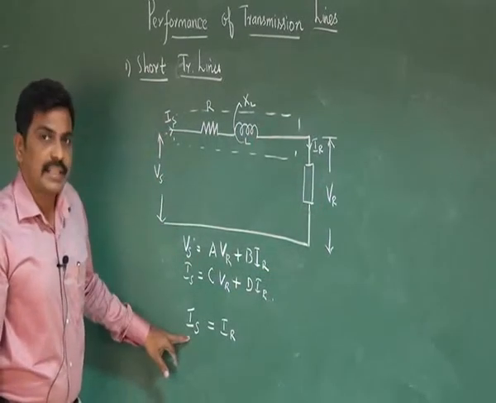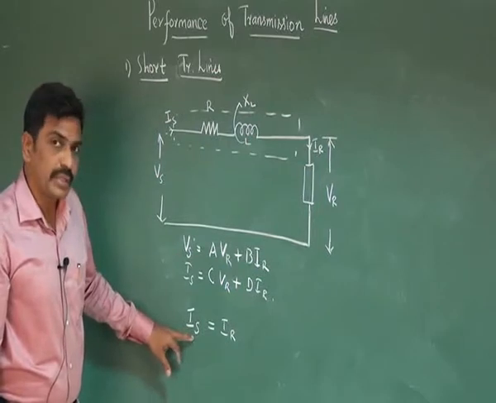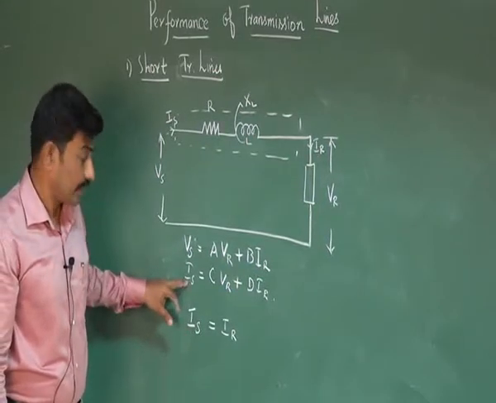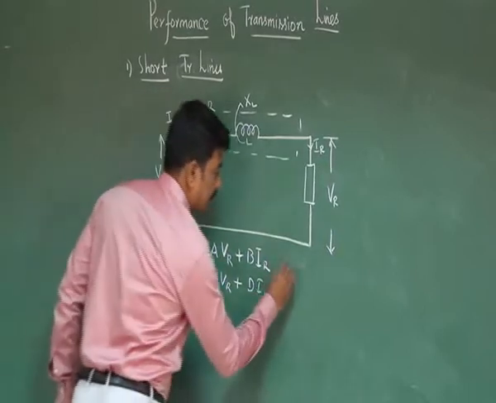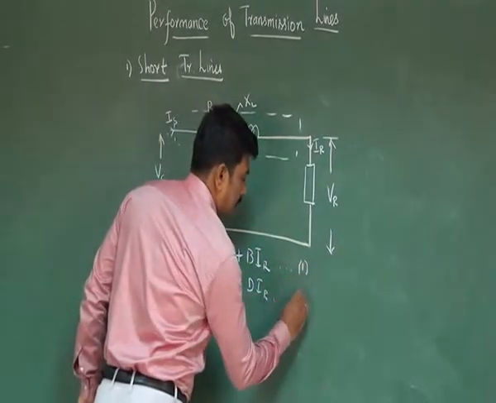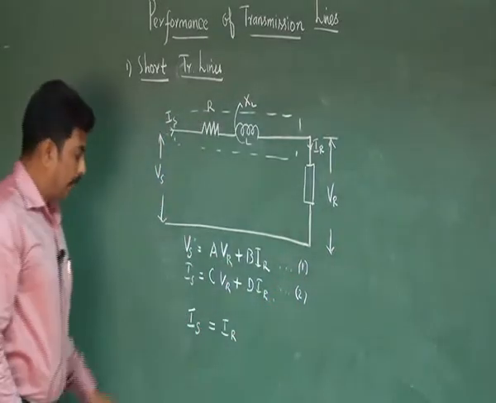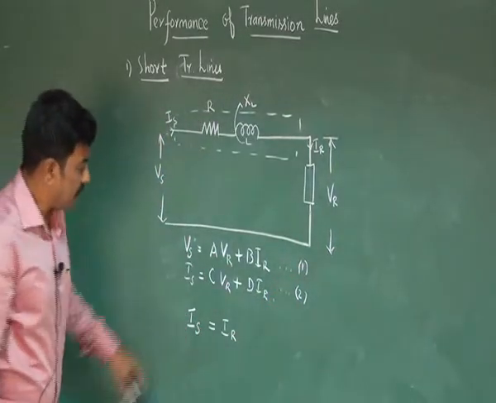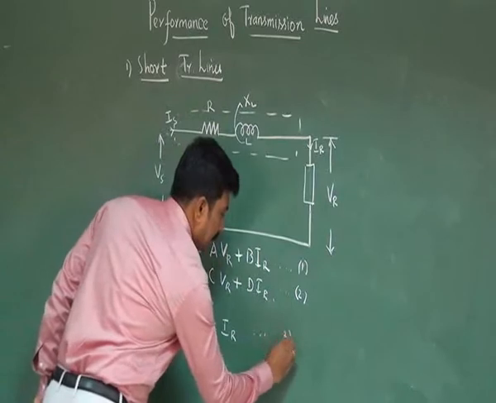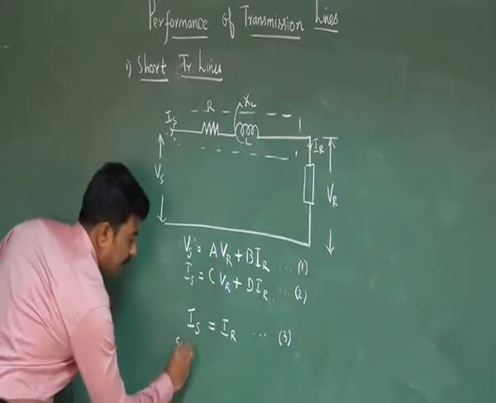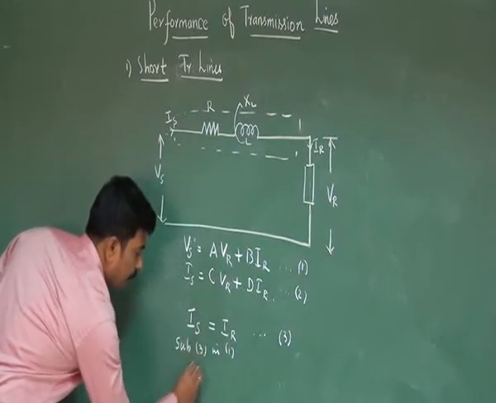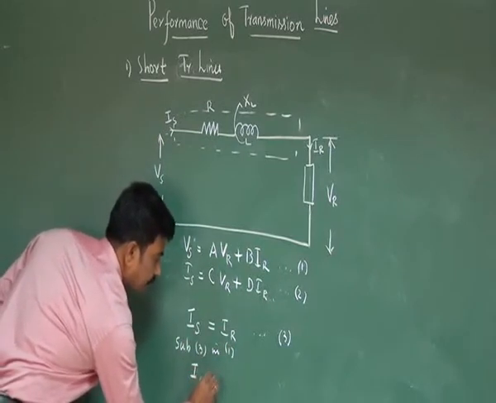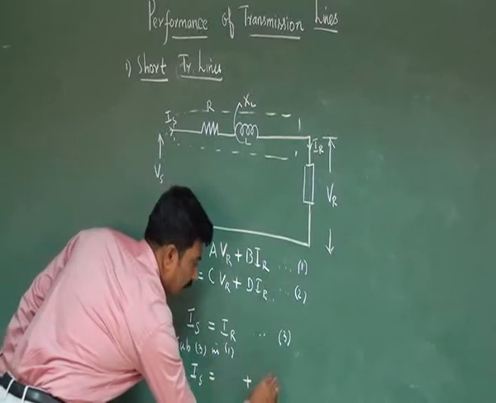After finding this expression, write this equation 3 and substitute it in the IS equation. Say this is equation 1 and this is equation 2. Now substitute equation 3 in equation 1. So IS is equal to IR.